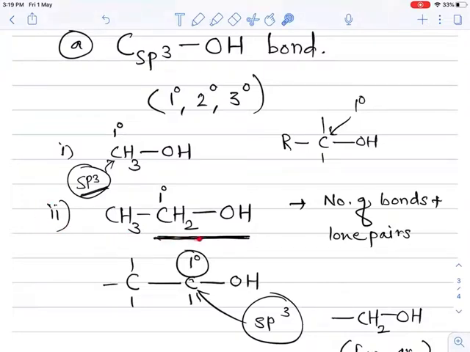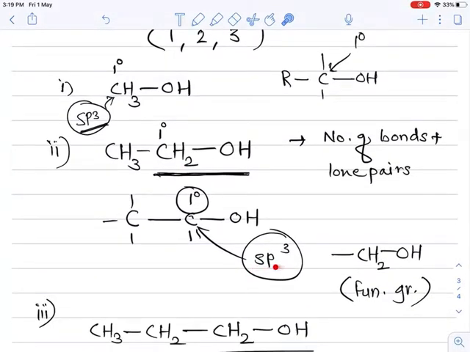If we take a second example, that is ethyl alcohol, a 2 carbon containing compound in which the OH group is attached to the primary carbon atom, and this primary carbon atom again completes its 4 valency by single covalent bonds, and that's why this is again the sp3 hybridized carbon to which the OH group is attached.